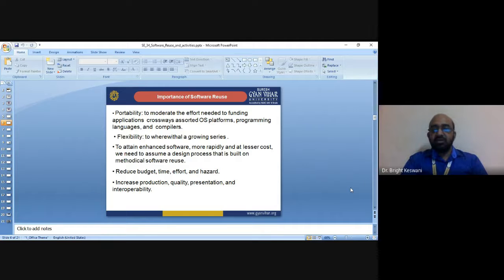It means that once you develop a component which is effectively workable, produces the desired results, and is an error-free algorithm or model of the system, then there is no need to develop it again for a new project. So this concept named reusability came into existence.